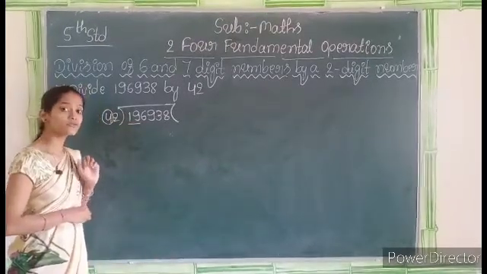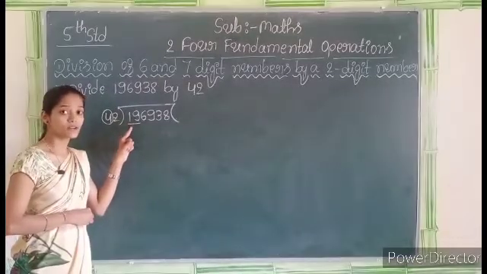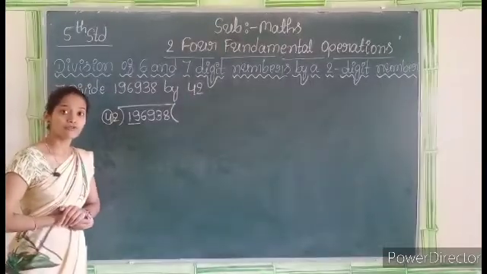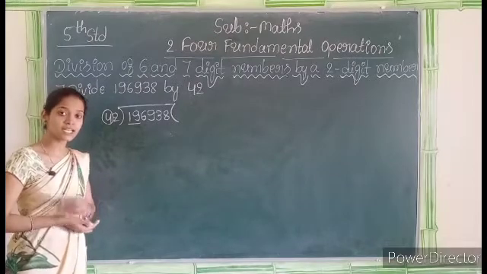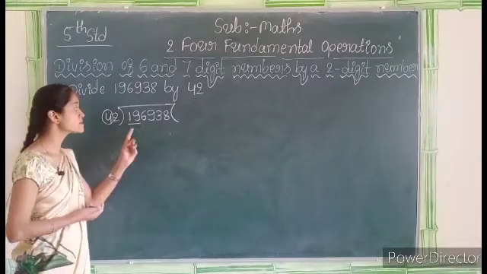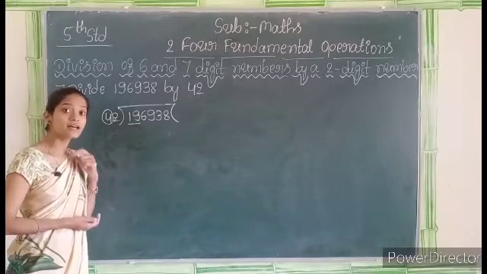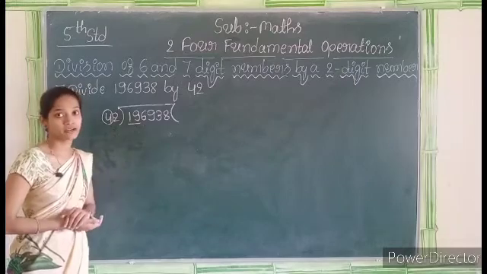Now we find which number is near or less than 19 in the table of 4. 4 4s are 16, right? 4 5s are 20, and 20 is greater than 19. That's why we consider 4 4s are 16. 4 may be the leftmost quotient.